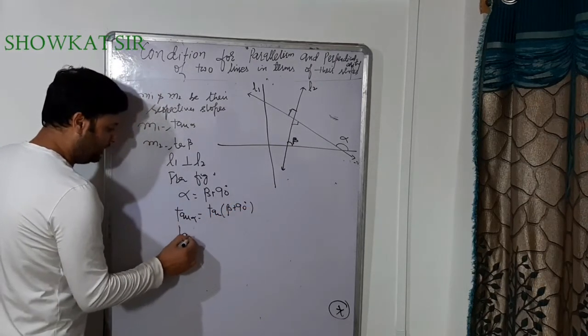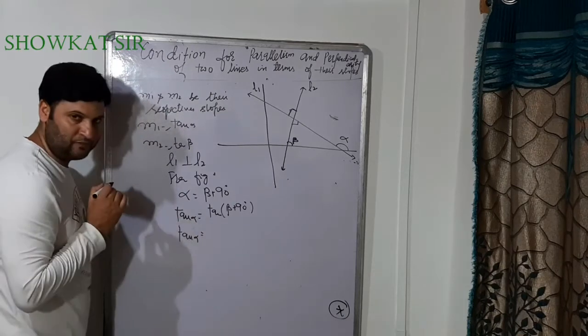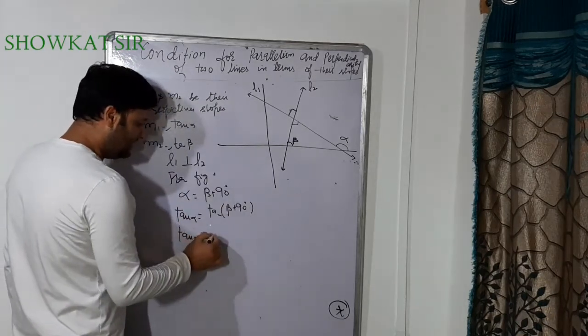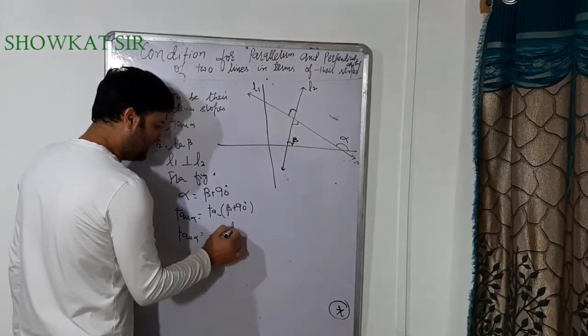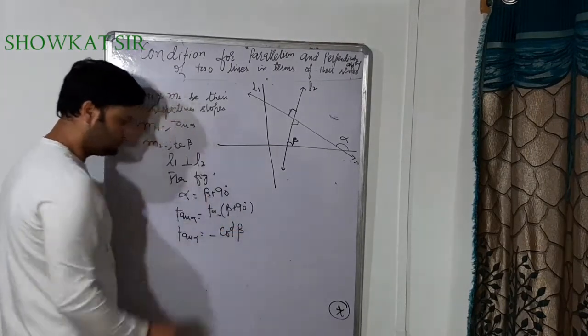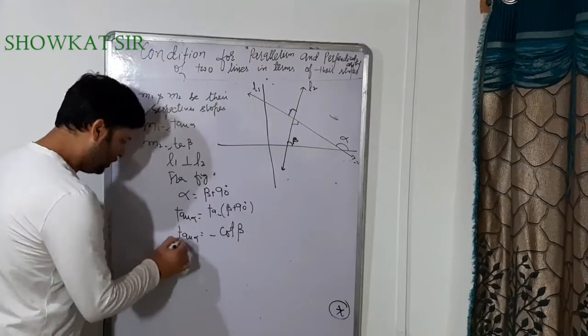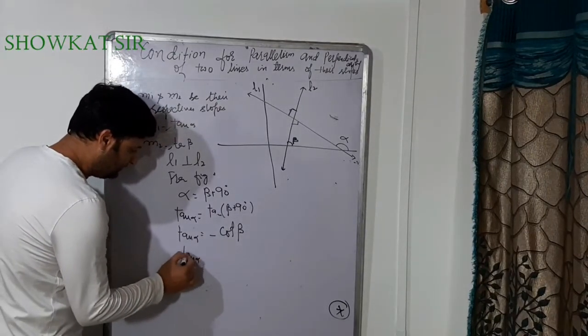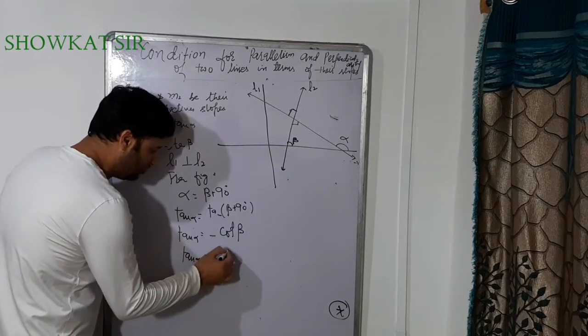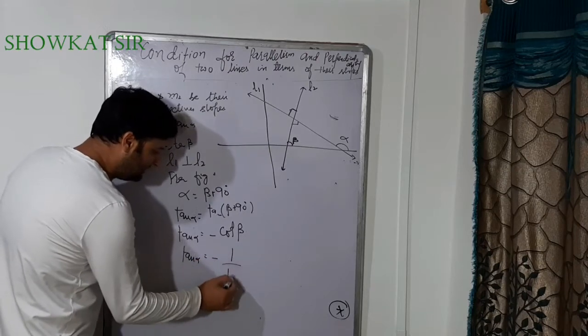Now tan alpha is equal to, now tan of 90 plus theta is minus cot theta, so it is minus cot beta. Tan alpha is equal to minus cot beta, and cot beta is 1 by tan beta.